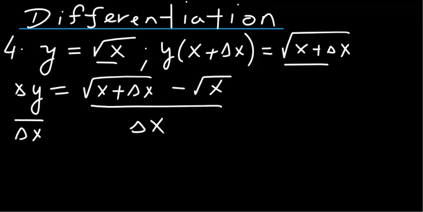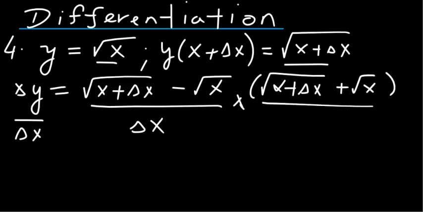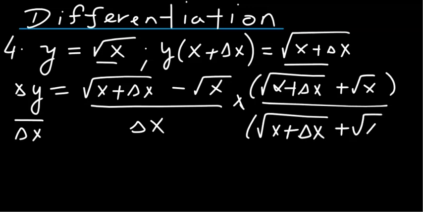To simplify this form, we can simply multiply this function up and down by square root of x plus delta x plus square root of x. Essentially, we are just multiplying this function by 1.